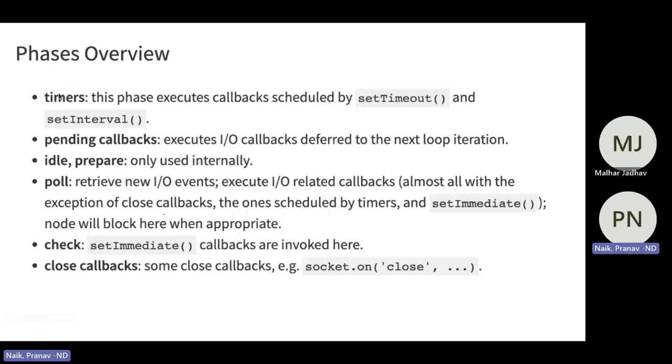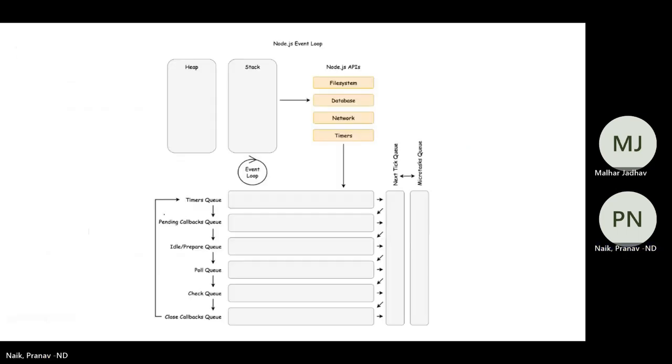How does the event loop work? If you remember, we had only one callback queue in our JavaScript browser. So the only change here in Node.js is that every phase has its own queue.